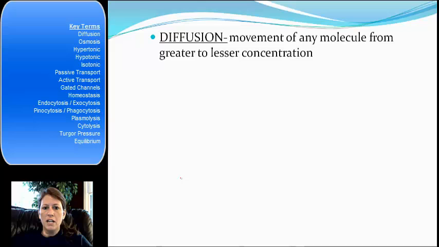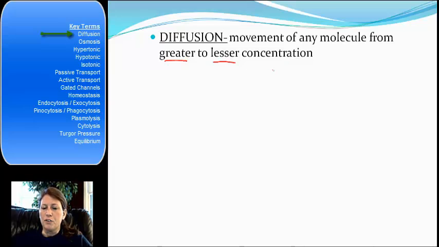Okay, so to define osmosis, it seems a little complicated, but if you always keep in mind greater to lesser, and concentration is referring to a solution. So, for example, if you make Kool-Aid, you have a solvent, in this case water in our example, and the Kool-Aid itself is called the solute.